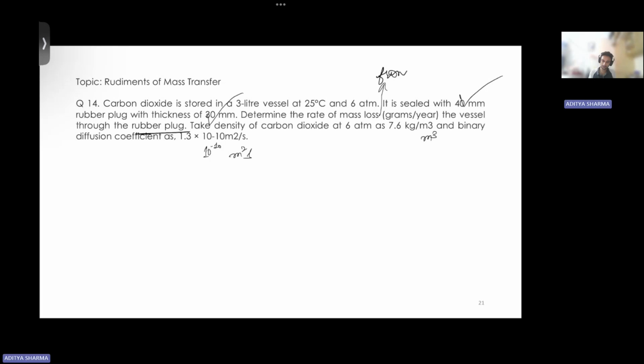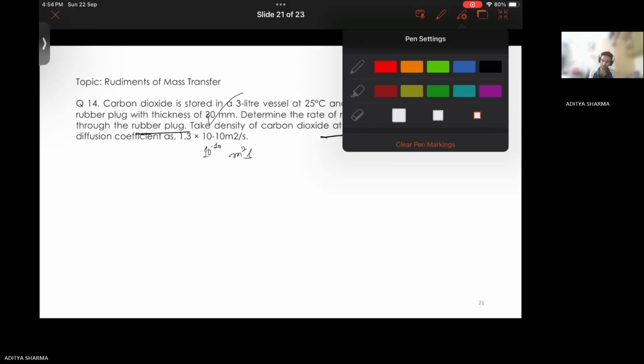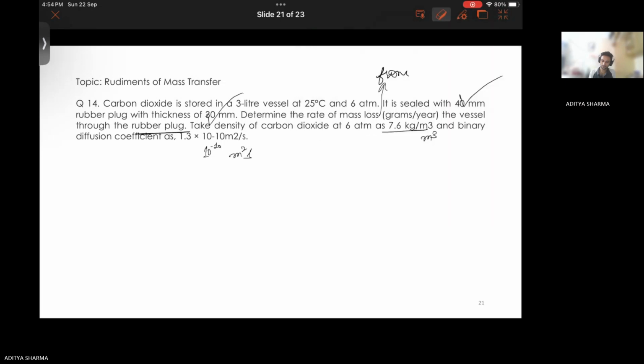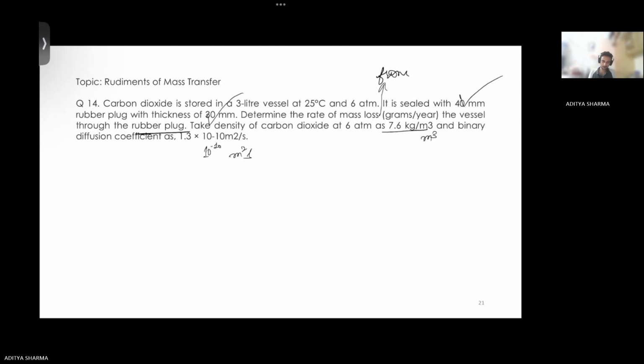From the vessel through the rubber plug. So the density of carbon dioxide is given, this. Density is given, then the binary diffusion coefficient, binary diffusivity is given.